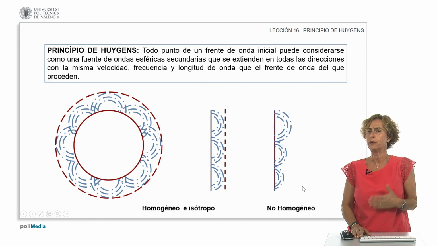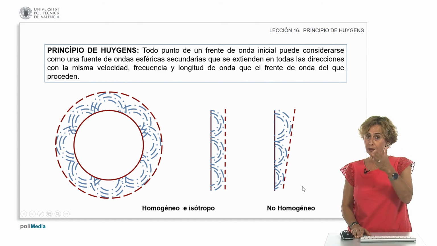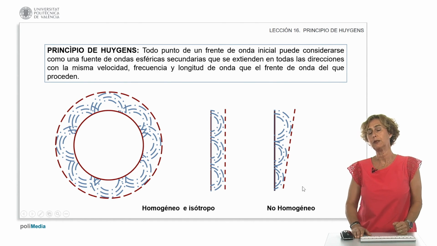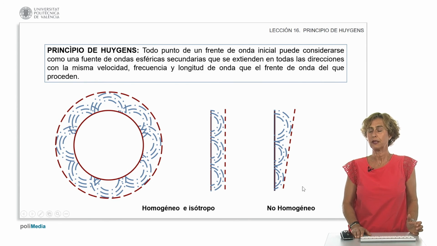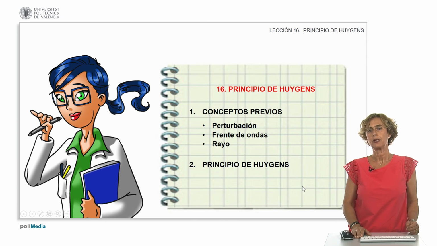The envelope, again, because Huygens' principle has to be fulfilled, is the envelope to these secondary wave fronts. And therefore what we see is that in this case the wave front is not parallel to the initial wave front. I believe that with this it is much clearer what Huygens' principle tells us.